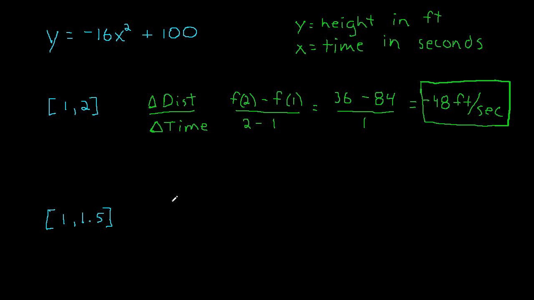Okay, so the average velocity then would be f of 1.5 minus f of 1. This represents my change in distance, and I'm going to divide by the change in time, which is 1.5 minus 1. Okay, so this should equal 64 minus 84 all over 0.5.